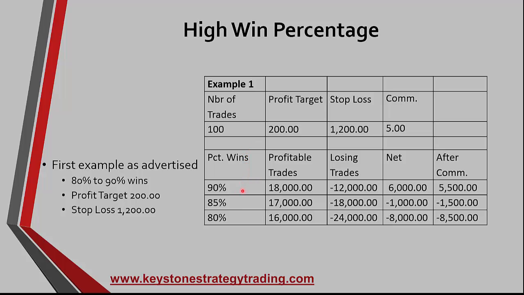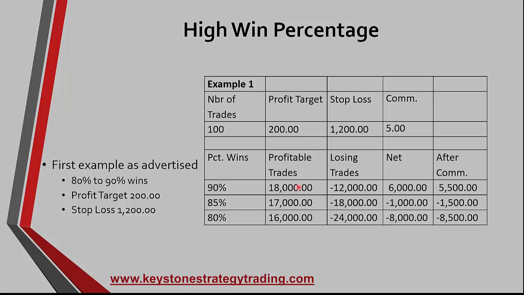So let's just say we win 90% of the time. So let's take 90% times 100, and we know that 90 trades we would win $200, and we multiply 90 times 200, and we get 18,000. We also know that we would likely have lost 10 times.